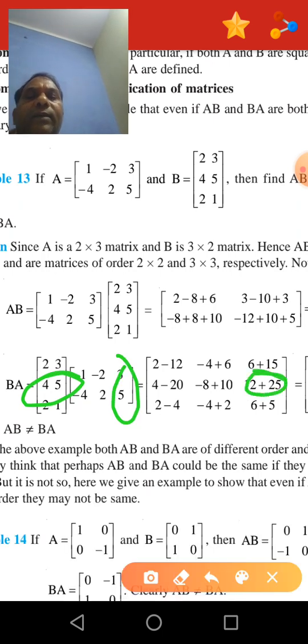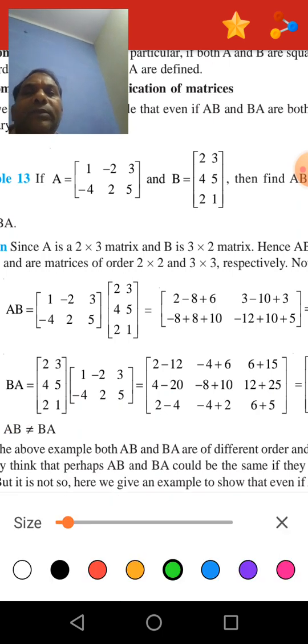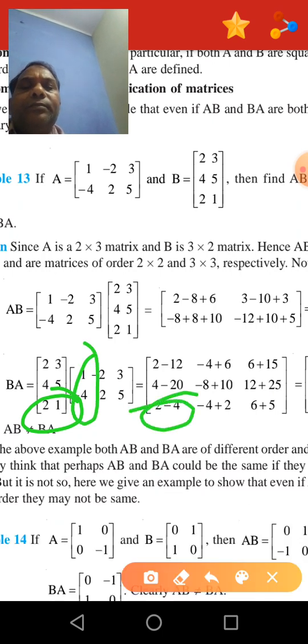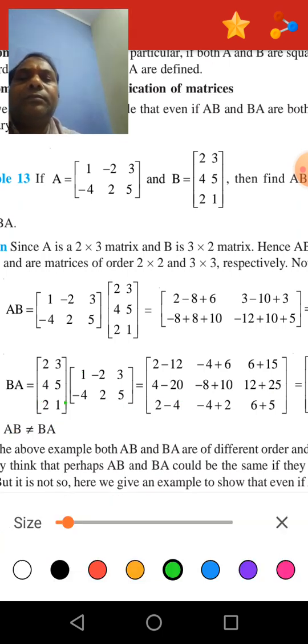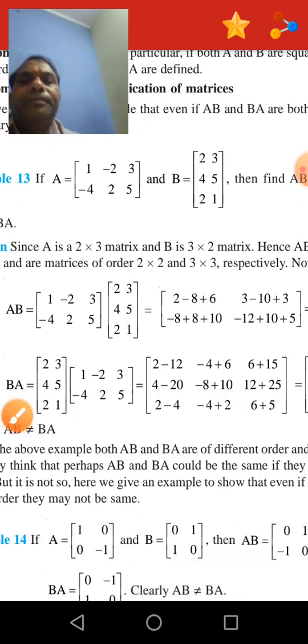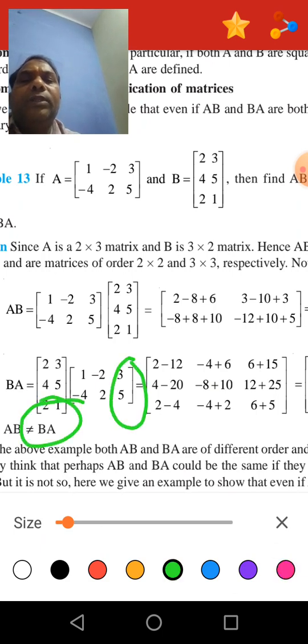Clear? Similarly the third row with the first column, then the third row with the second column, then the third row with the third column.